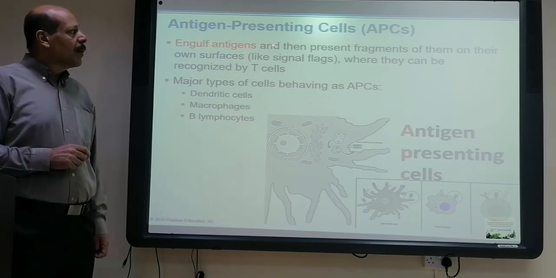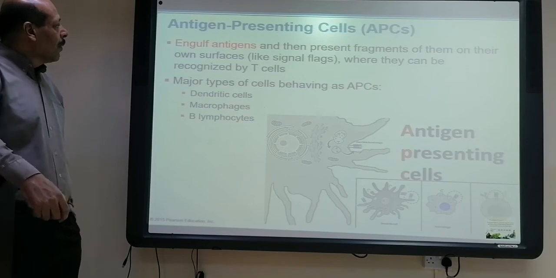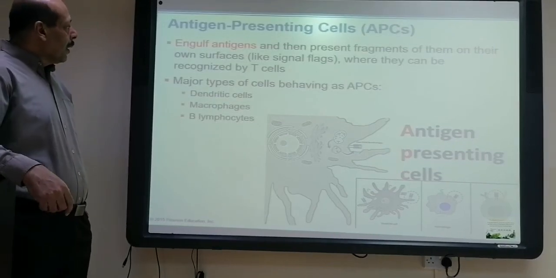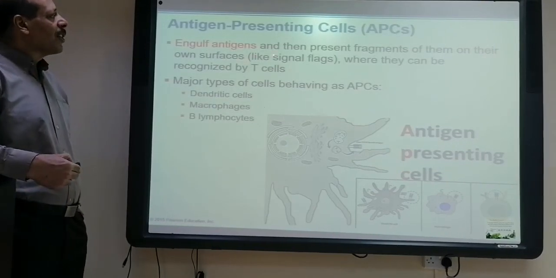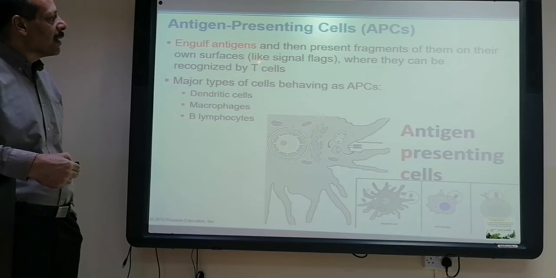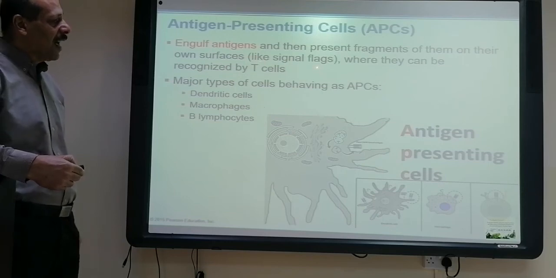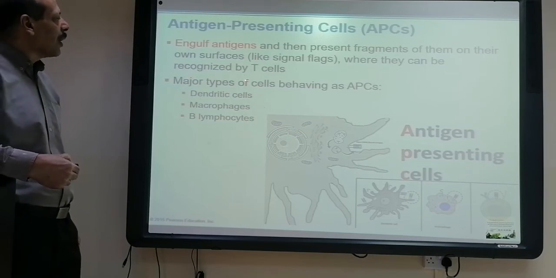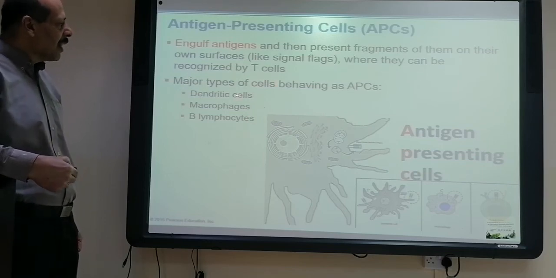The antigen presenting cells engulf the antigen and then present fragments of it on their own surface like a signal flag, where it can be recognized by the T cell, and then the T cell will attack.